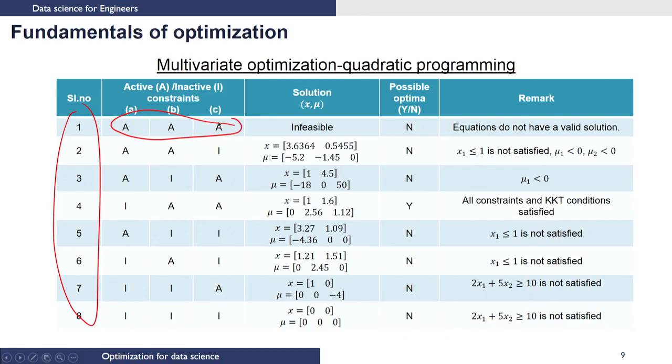Here the choice we have made is all the 3 inequality constraints are active, that means they all become equality constraints. Notice something interesting, remember there are 2 decision variables. So, each inequality constraint is basically representing one half space for a line, and when they become active each of these constraints become an equality constraint, each of them become a line. Now, when all 3 are active, then we have 3 equations in 2 dimensions, right.